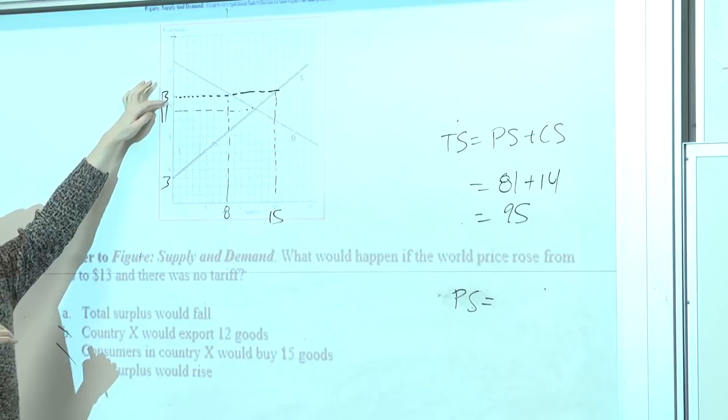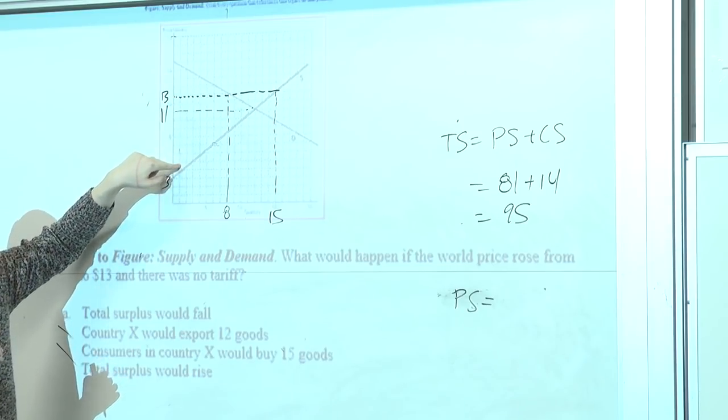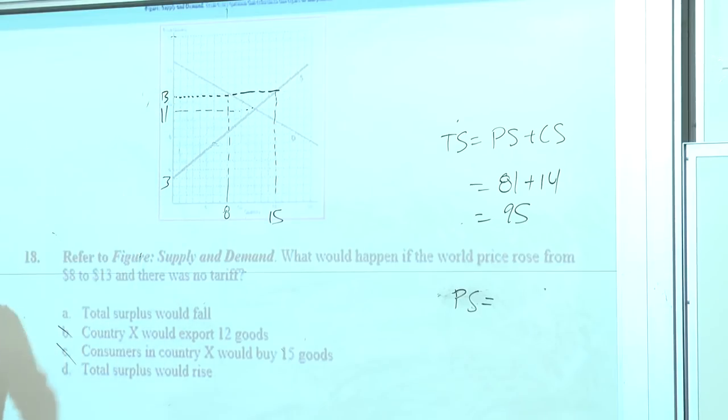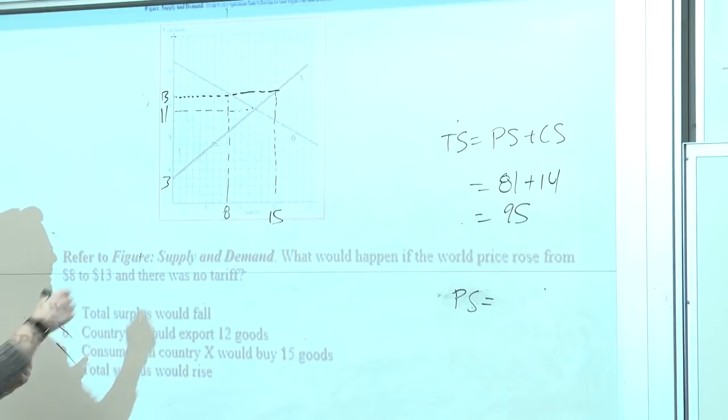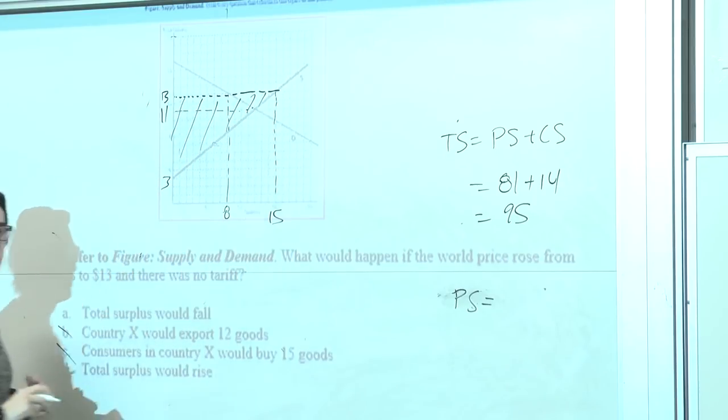Right? So you are receiving this first good here, right? You were willing to sell it for $4, but the price is 13. So the difference between those is the surplus value you get above the minimum price you were willing to sell. So the total surplus then is going to be that whole triangle, right? That is your producer surplus.